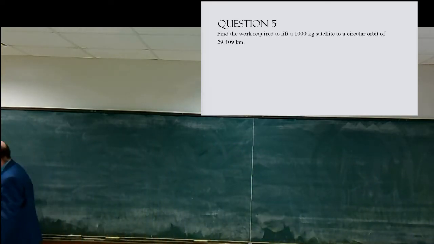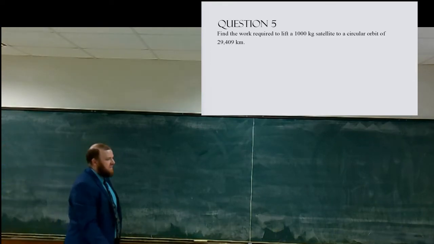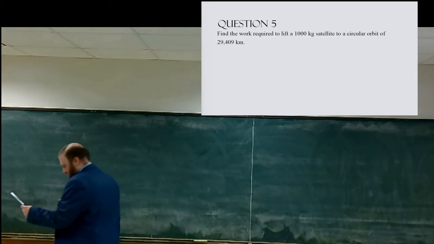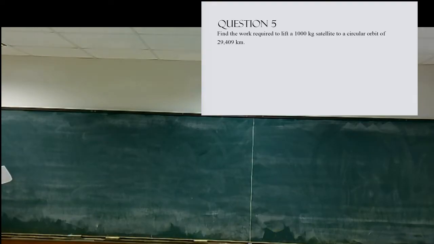According to Newton, if you have two objects of mass, they exert a gravitational force on each other of magnitude G times the mass of the first object times the mass of the second object divided by the square of the distance between them.